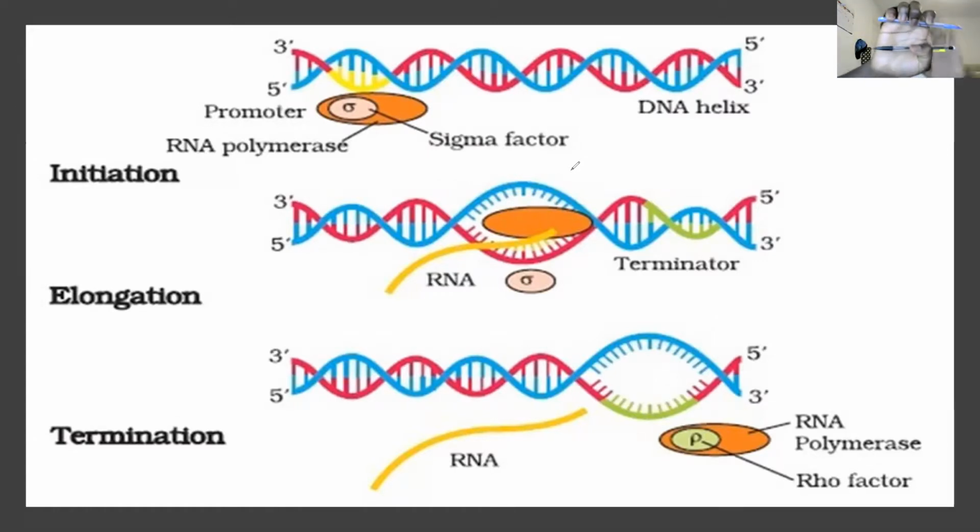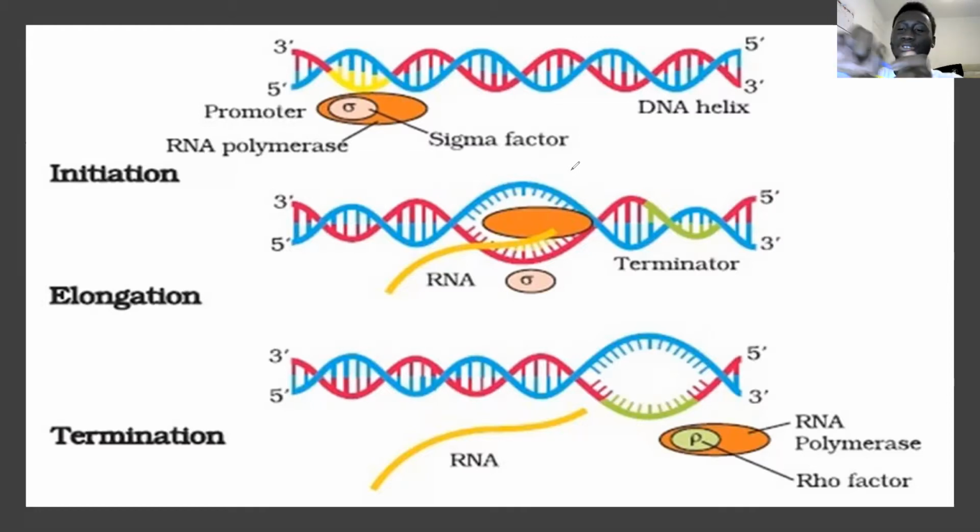So it's already untwisting, moving, moving, moving. Then it gets to the terminator. So remember, as it moves, it untwists, then it twists the thing back again, right? So RNA polymerase fixes its own mess.